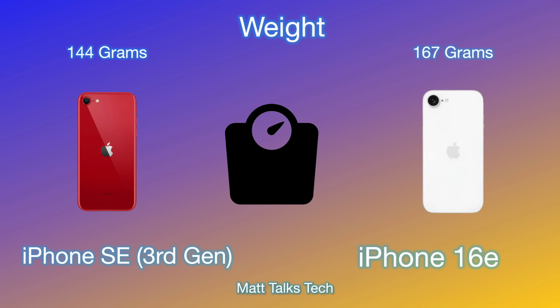Now, an interesting fact for you, the tempered glass for the iPhone SE 3rd generation, if you got that over the whole phone, actually weighed about 11 grams. So can you imagine if you got two of them stacked on top of your iPhone SE? I know you wouldn't do that, but that would come to around about the same weight as the 16e right now. So this is quite incredible when you think of it from that point of view.